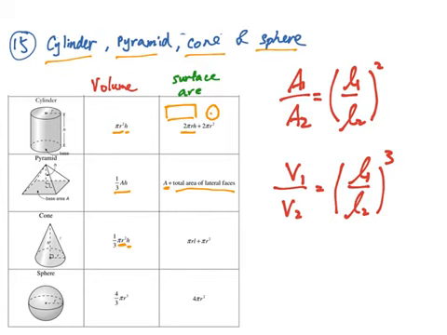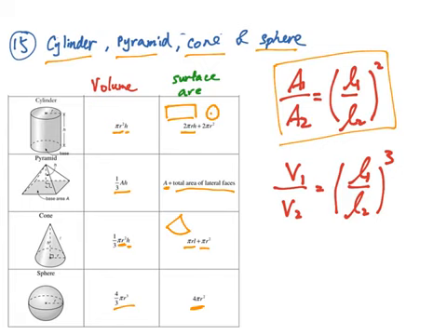And for the surface area, the sector, pi r l, plus the base area. The last one, sphere, 4 over 3 pi r cubed. And then for surface area, 4 pi r squared. And also, there's some relationship between the length ratio and then area ratio. They have this square relationship.